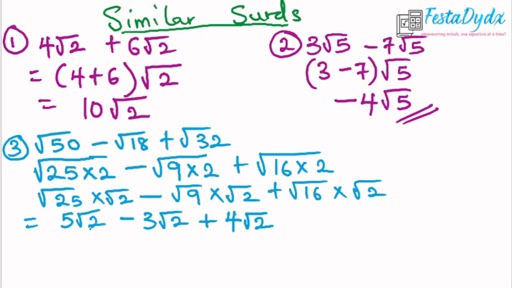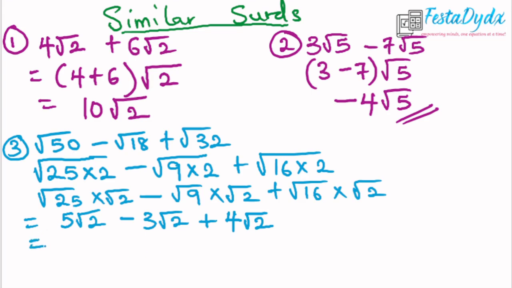So now we have broken this down to their simplest form. So the next thing we're going to do is to subtract and then add. So we're going to be bringing out these numbers and keep the root form separately. So if you notice, the roots are actually the same. So this is a similar surd. Root 2 and root 2. They are similar. So I'm going to be picking one and then bringing the numbers and the signs together.